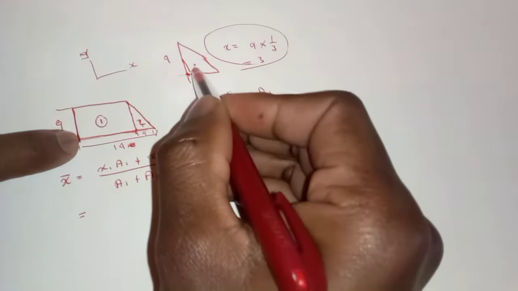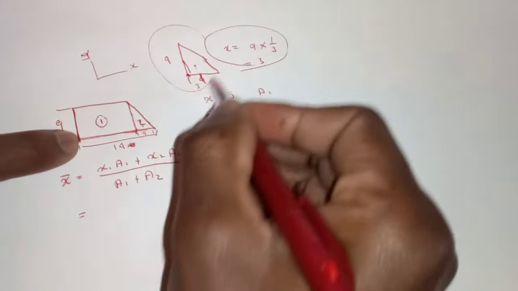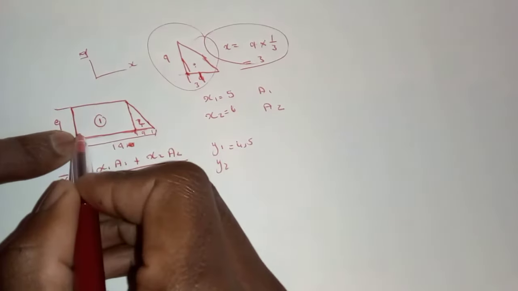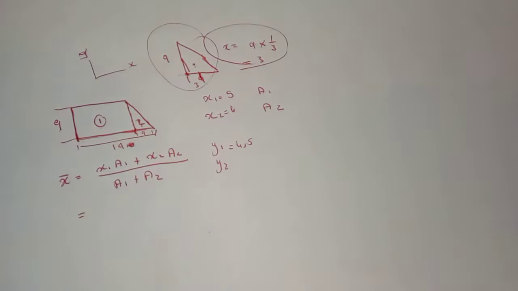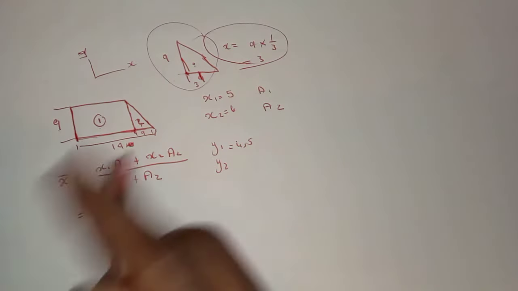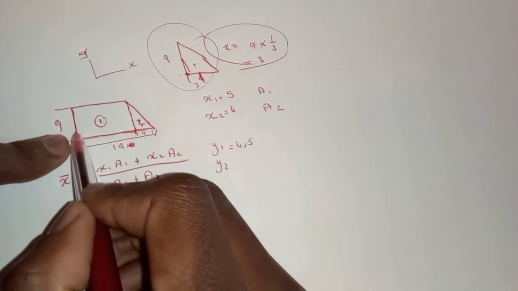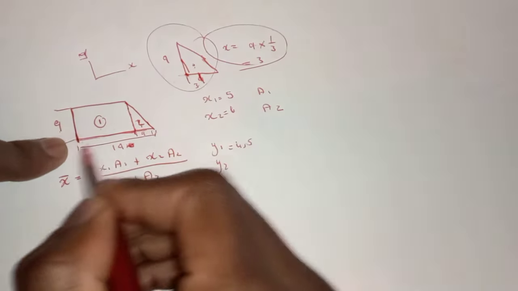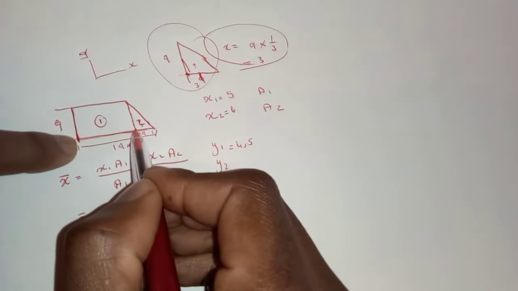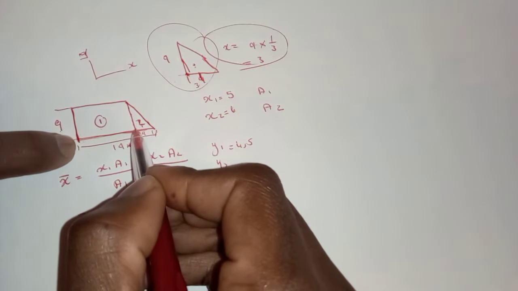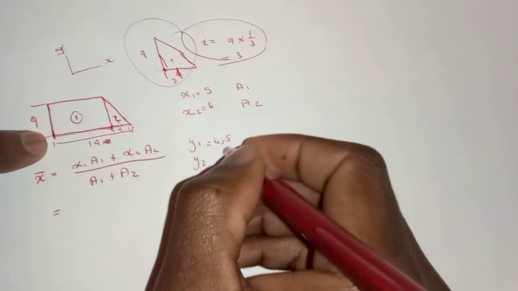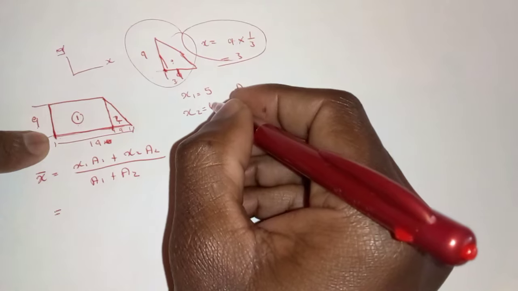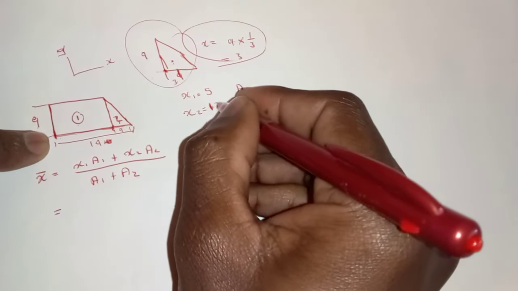Yes, we know that if we are only considering this structure it is 3, but now we are taking this as one structure, meaning every dimension has to be taken from this point. It will be that 3 plus the 10 from this point, which will be the rectangle, meaning here we are going to have our x equals 13.